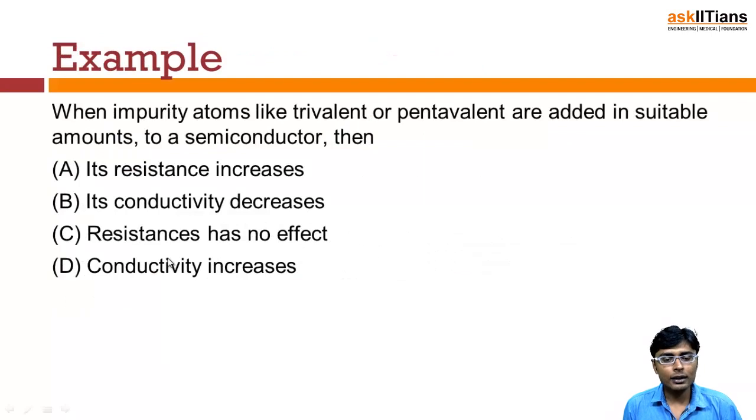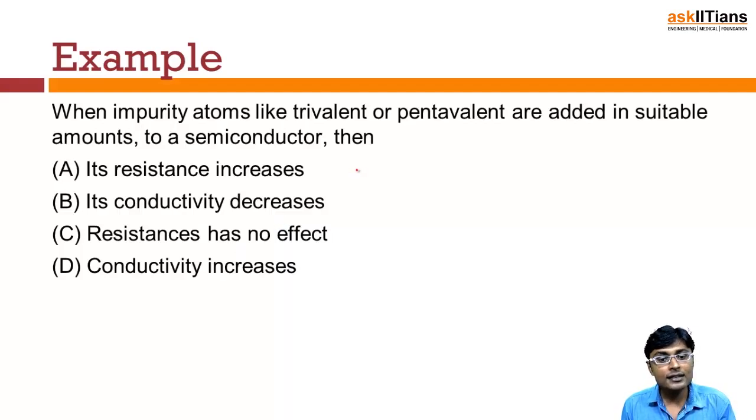Now let's solve an example and check how much we have gained till now. When impurities like trivalent or pentavalent are added in suitable amounts to a semiconductor, whether trivalent or pentavalent, that means we are forming a semiconductor that can be either n-type or p-type, right?